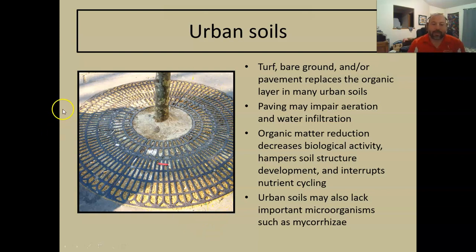You can see we're also surrounded by pavement here, which could create some issues in terms of your roots spreading out, your fine absorbing roots, and how far they have to go. Paving may impair aeration and water filtration. Organic matter reduction decreases biological activity and hampers soil structure development, interrupts nutrient cycling, and can affect your soil pH.